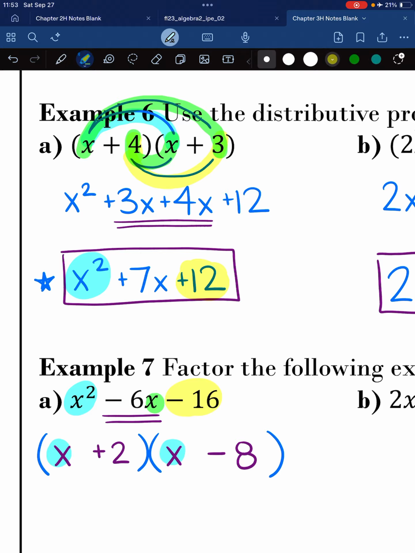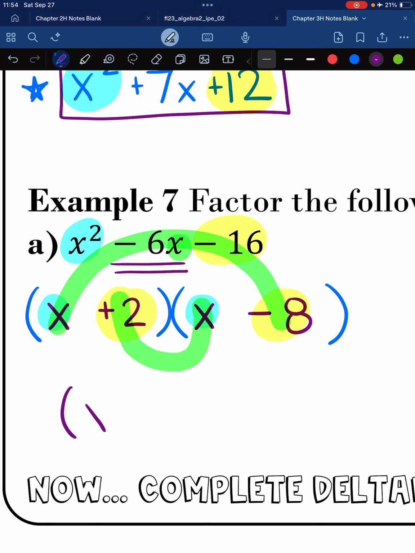And 2 times negative 8 is negative 16, good, good, good. And 2x and negative 8x is negative 6x. So I know that this would FOIL out to be the correct answer. Okay, so I know that the factoring of this is x plus 2 times x minus 8.